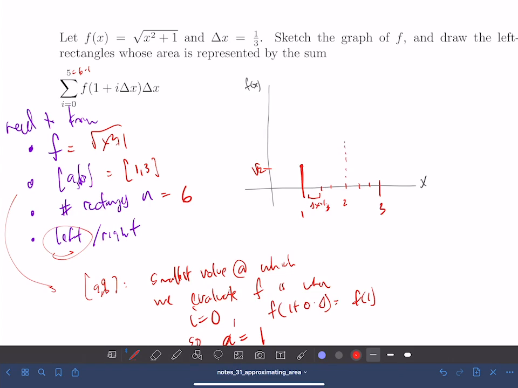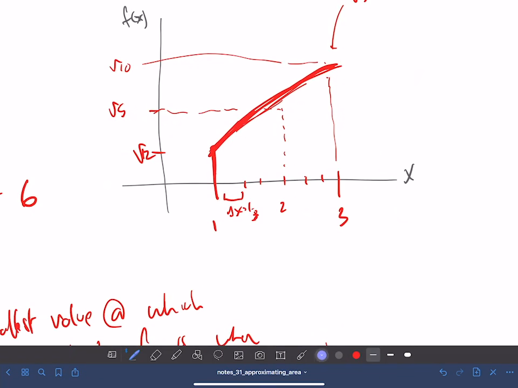This is root 5. This is root 10. It's a square root function, and so it looks like that. That is the square root of x squared plus 1. And I've got left endpoints. And my area is this area here.